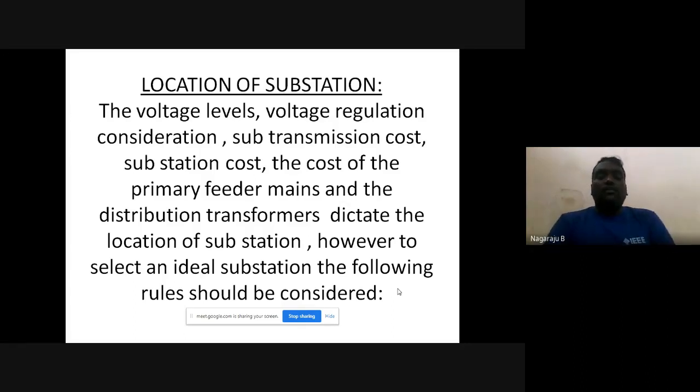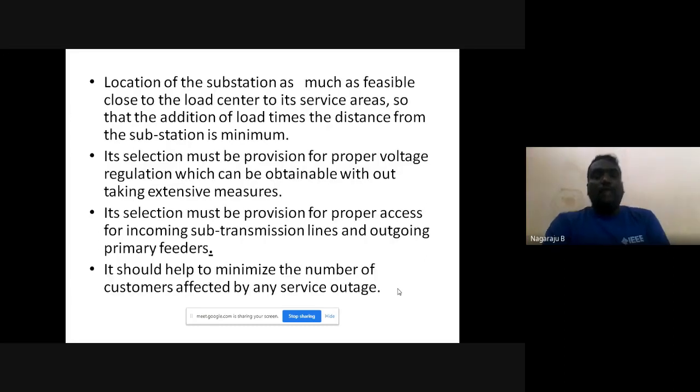However, to select an ideal location, the following rules should be considered. The substation should be located as close as feasible to the load center of its service area, so that the sum of load times distance from the substation is minimum.